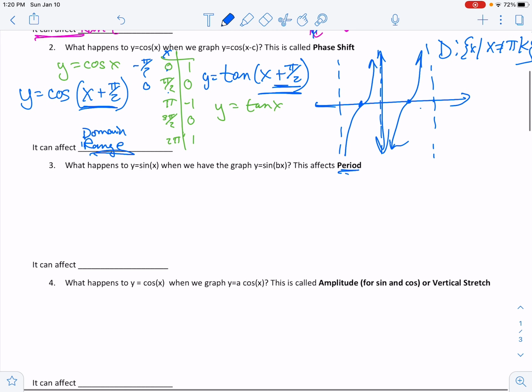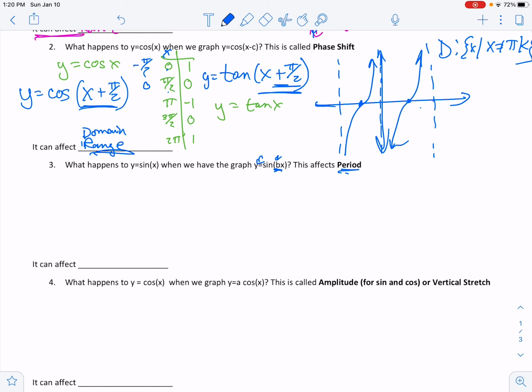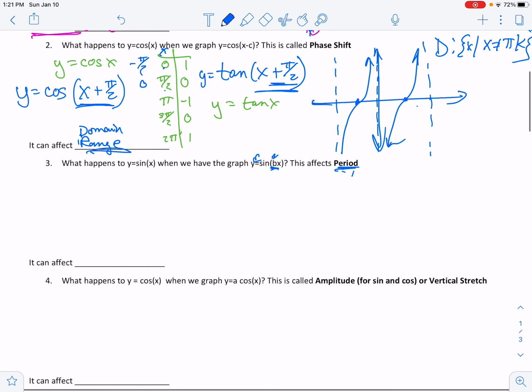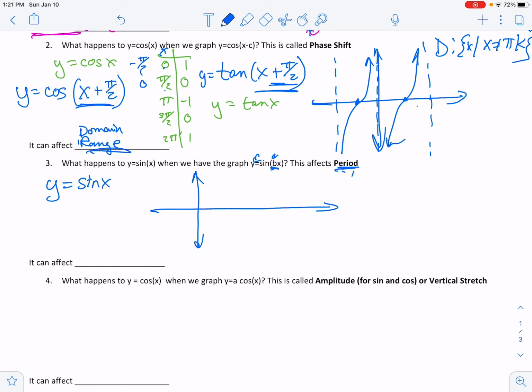Next, period. We're putting a letter in front of that. It's not outside, it's inside. What it affects is the period. And remember, period is how often it repeats. So let's do this. Y equals the sine of x, my parent graph, and it takes 2 pi to repeat, right?